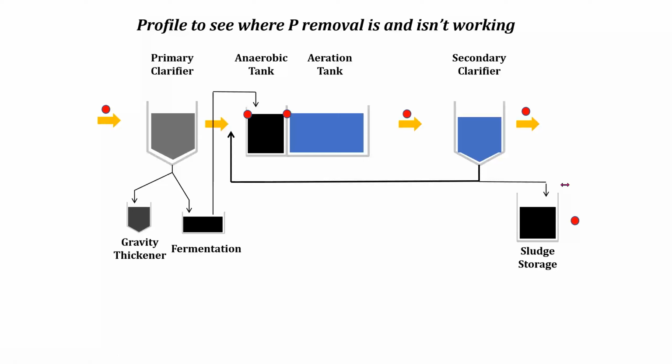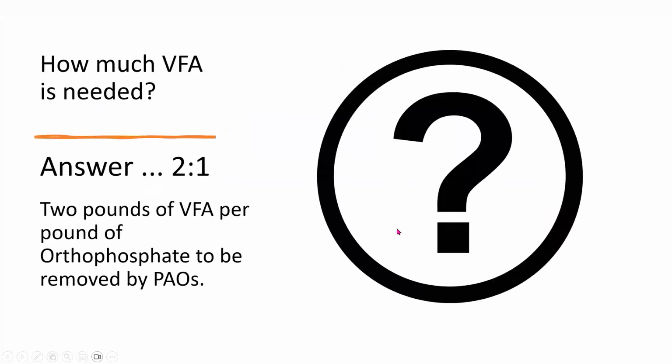So the question here, let me play around with my pointer and get it so I can read it. Is there a recommended return rate of the fermented sludge? Is it guess or by golly, pending the strength of the sludge? Boy, that is the perfect segue to my next slide. So last week there was a question, and maybe it was the same questioner.